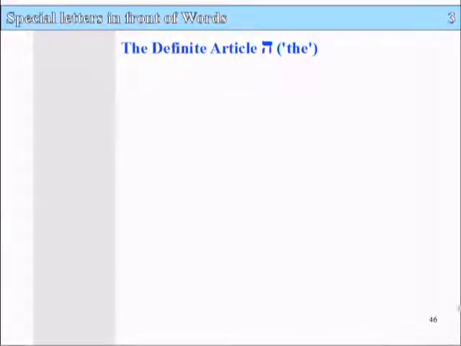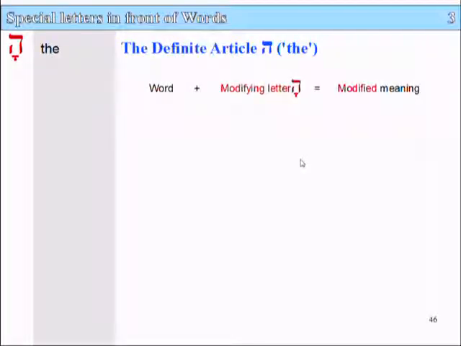Slide 46, Lesson 3, Special letters in front of words, the definite article Hey, or the. Here we have our word plus the modifying letter Hey, which means the, and we get the modified meaning, the something or other.